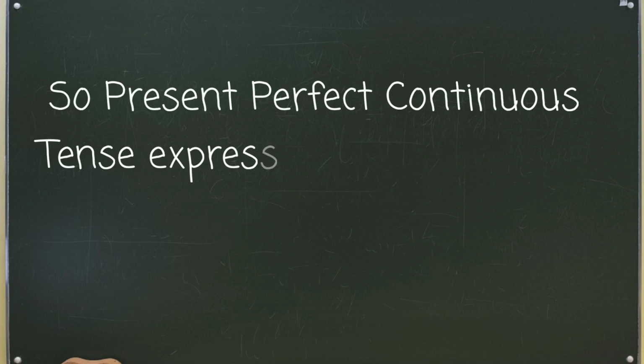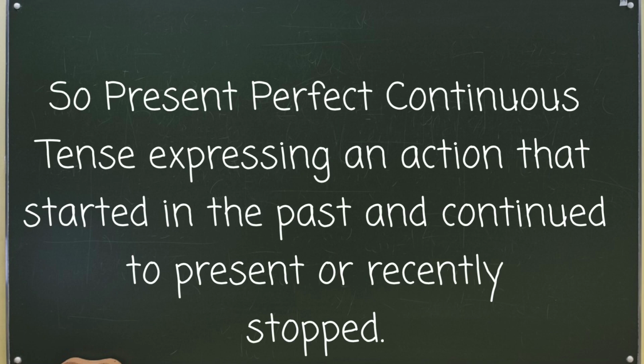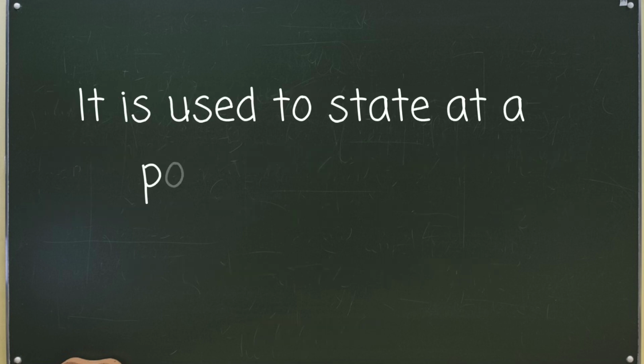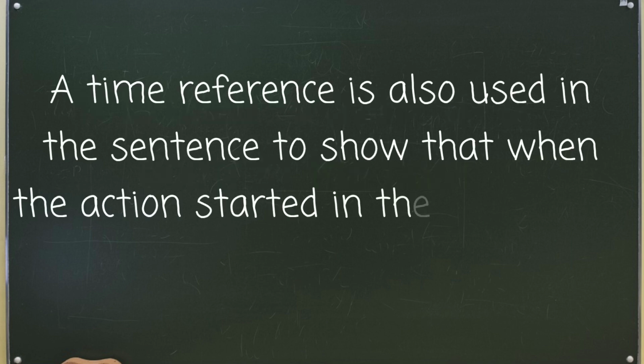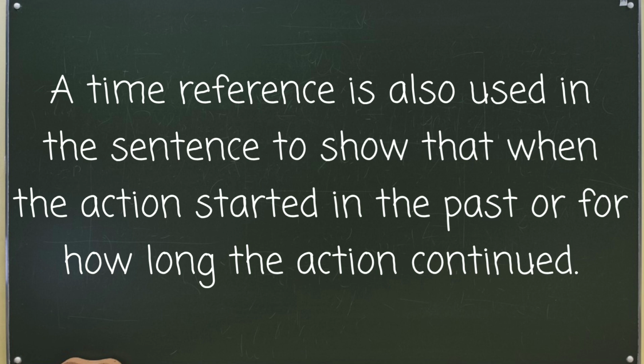So the present perfect continuous tense expresses an action that started in the past and continued to the present or recently stopped. A time reference is also used in the sentence to show when the action started in the past or for how long the action continued.